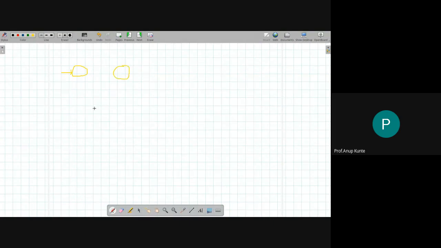This time this automata will have more than two states. The first example of our automata had only how many states? Two states. Now this automata is going to have more than two states. Let me first draw it.